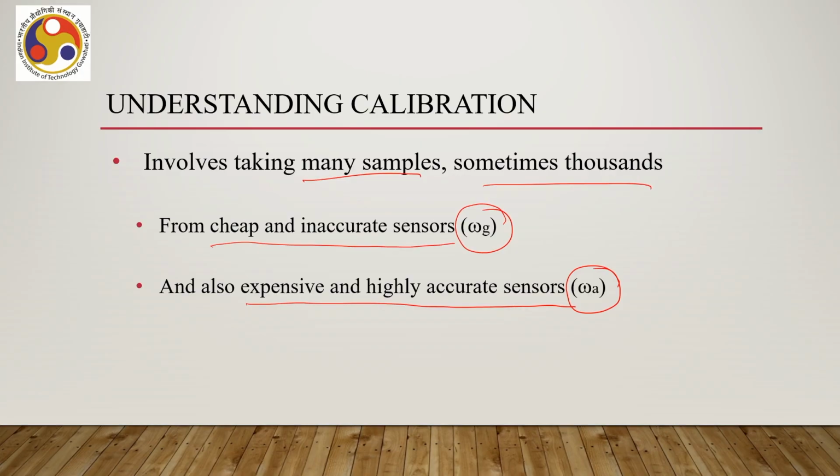So, we are assuming for calibration that we have access to thousands of samples of data from two types of sensors. One is the sensor which is assumed to be cheap or inaccurate, vis-a-vis a highly accurate one, a benchmark data set, which we are calling omega A.